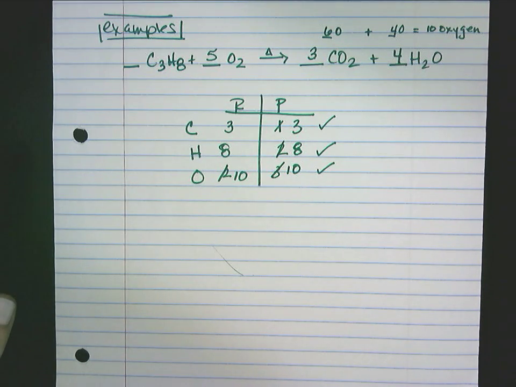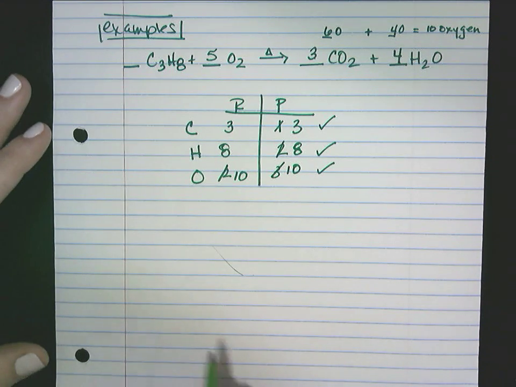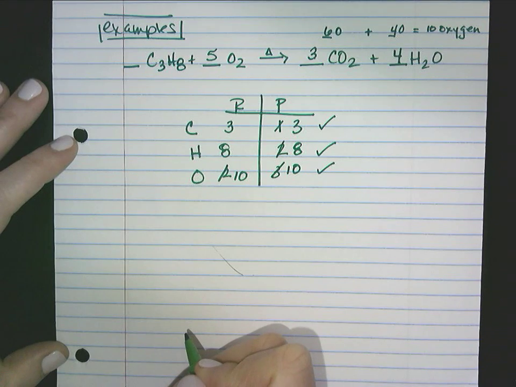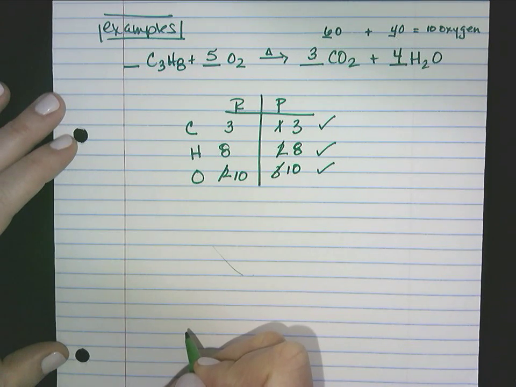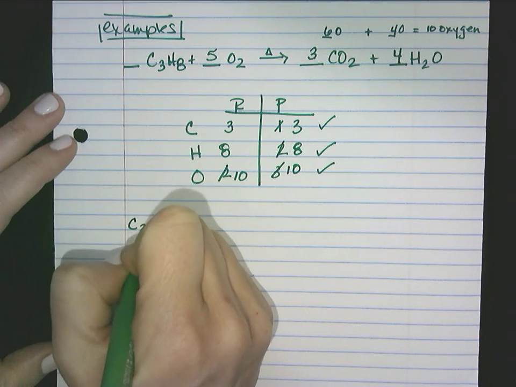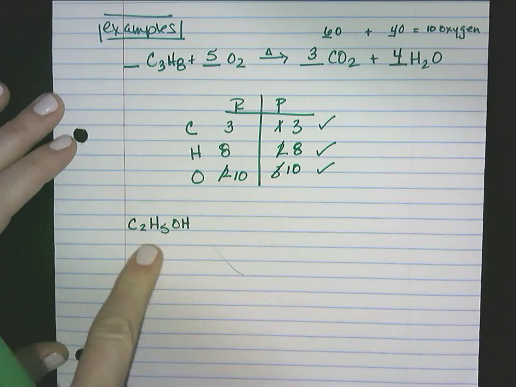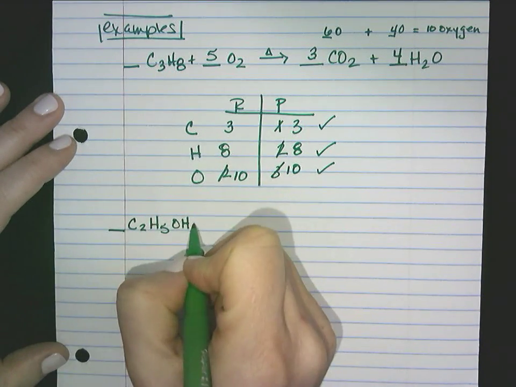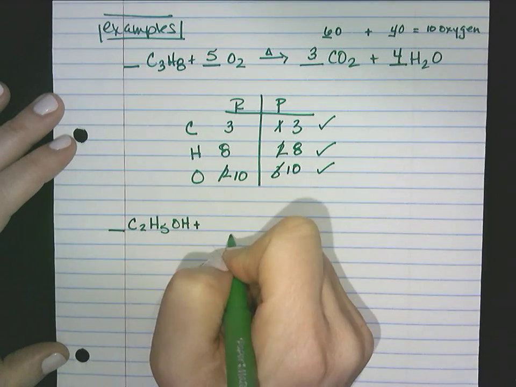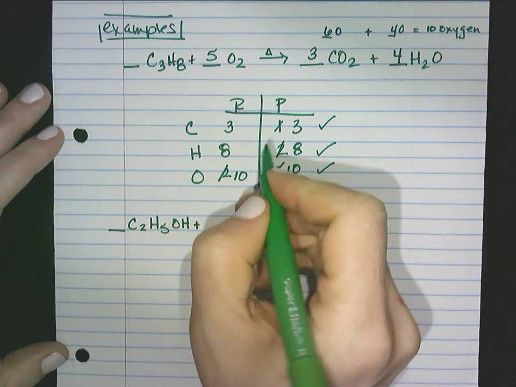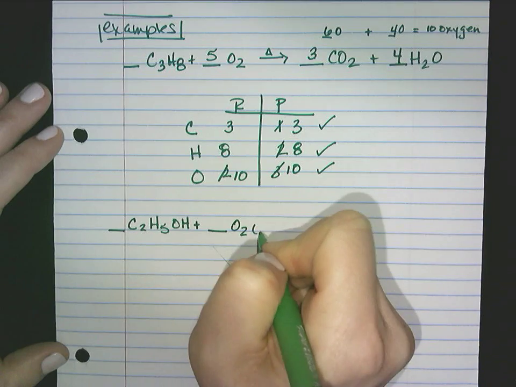Okay, let's take ethanol, for example. Ethanol is C2H5OH. And that is our hydrocarbon. React it with oxygen, O2, which is a gas.